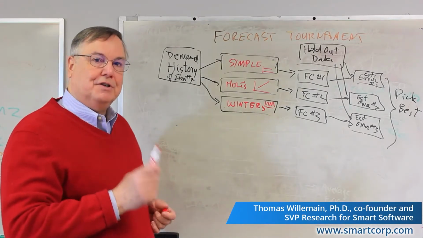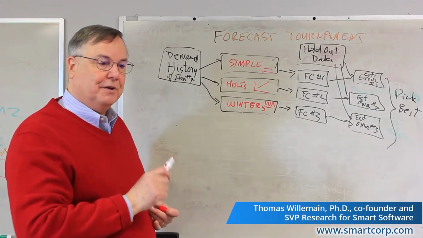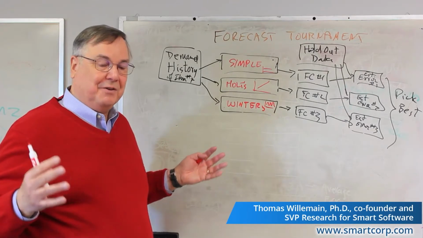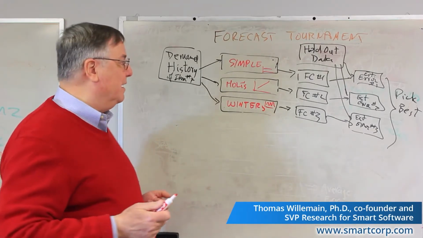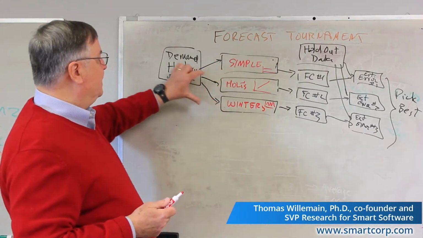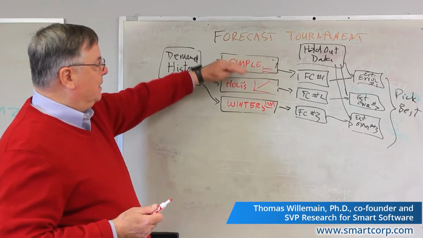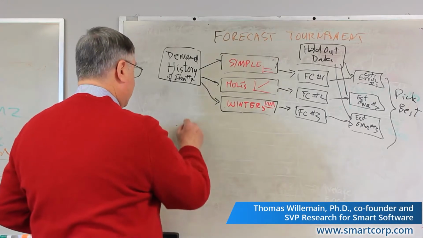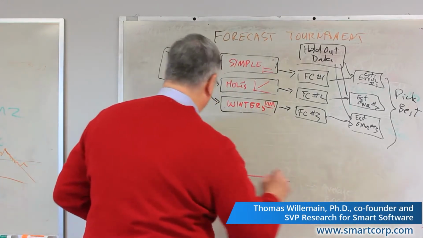But there's another issue here that makes the calculation a good idea, besides its ability to scale up and do a lot of work in a short period of time. And that is that real data series may not be unambiguously in one of these three camps. So let me draw a picture that might represent something like that.